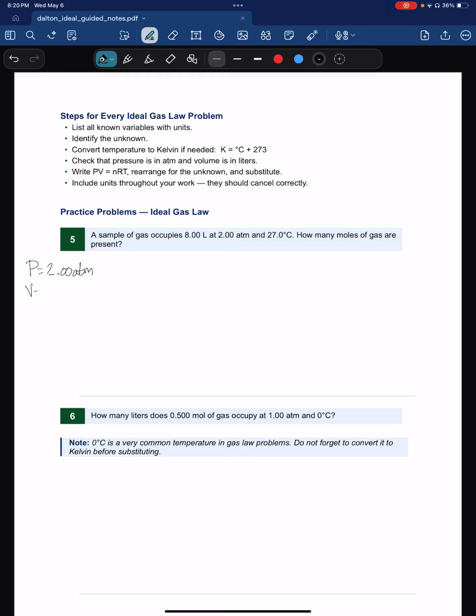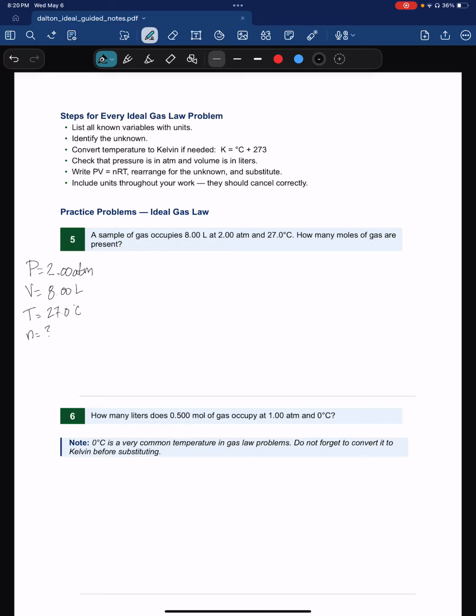We know that the volume is 8.00 liters. We know that the temperature is equal to 27.0 degrees Celsius. And the number of moles, we don't know.